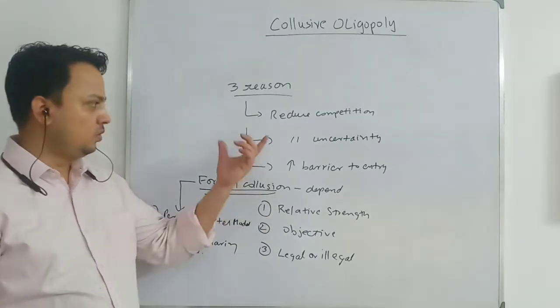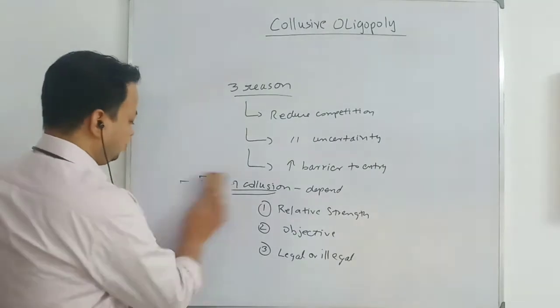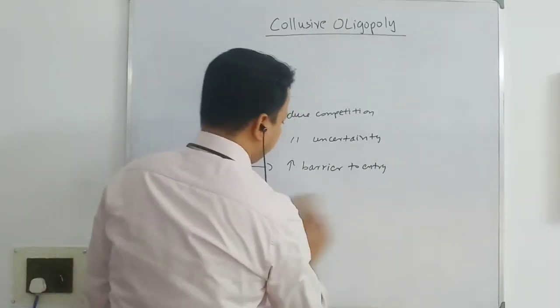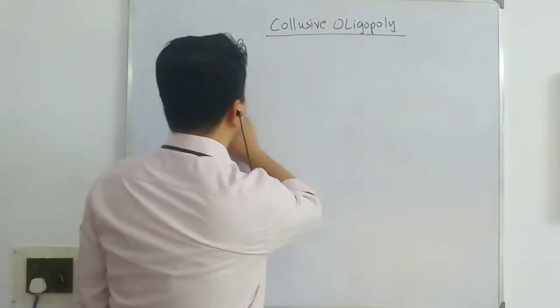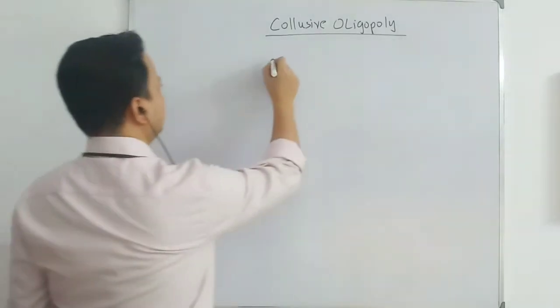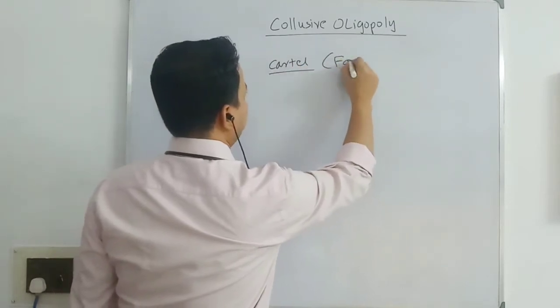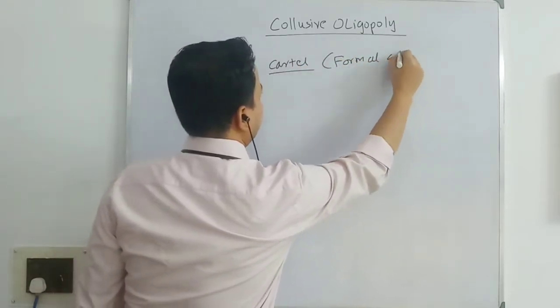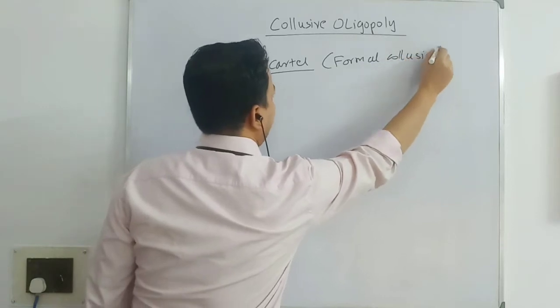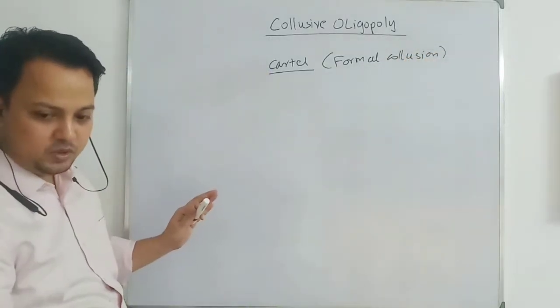Now what is this cartel? When we talk about cartel, it is a form of collusion. It means you will have a legal agreement-based collusion.